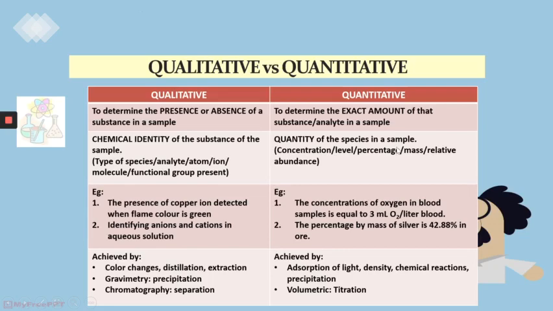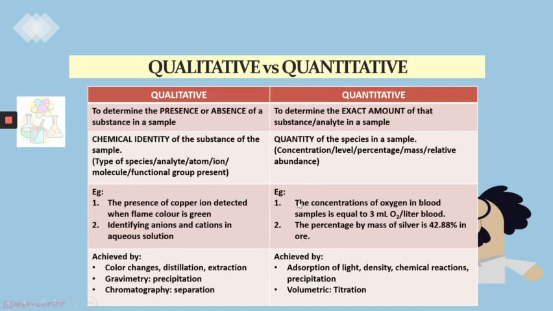Referring to the quantitative analysis, quantitative is to determine the exact amount of the substance or analyte in the sample. In other words, you want to know how much of the compound is in the sample. Quantity of the species in a sample, such as concentration, level, percentage, mass, relative abundance, and so on.